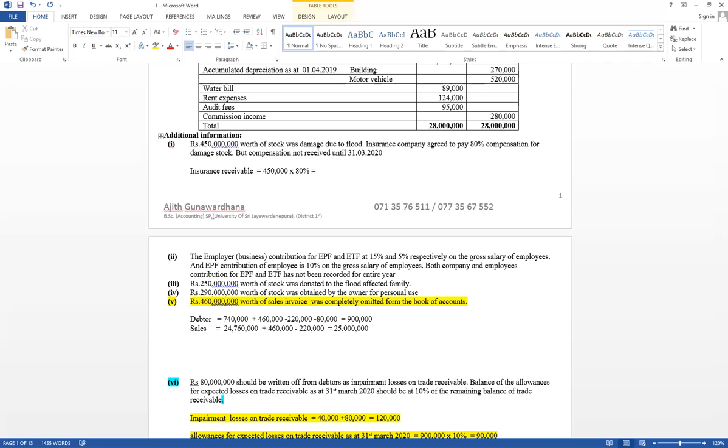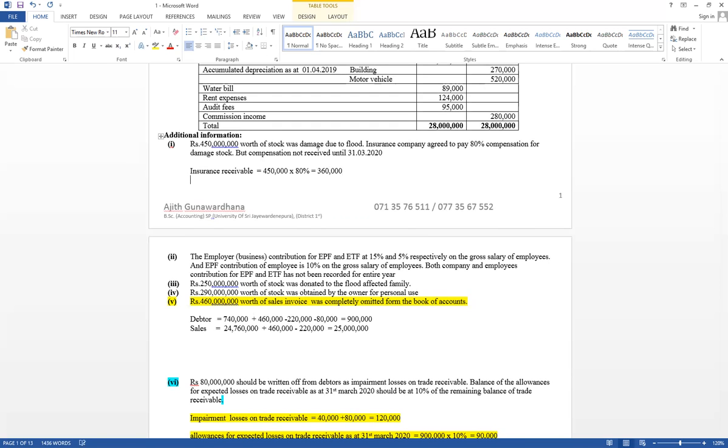Therefore, 450,000 into 80%, 360,000, that is insurance receivable. This is the value receivable.